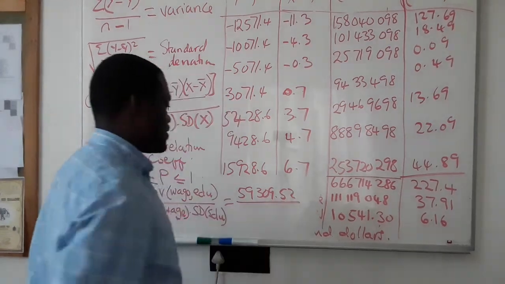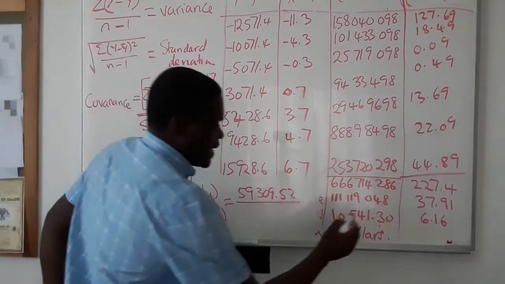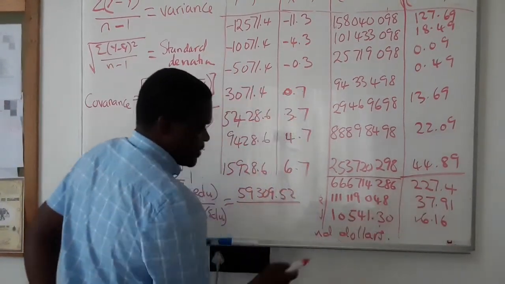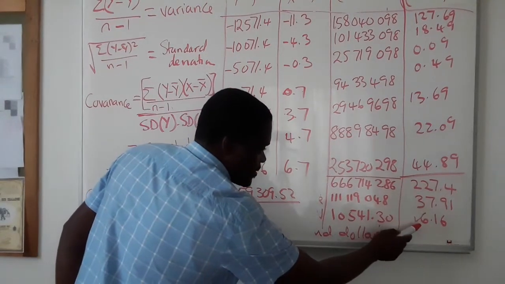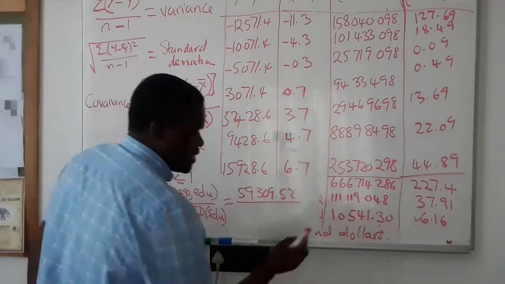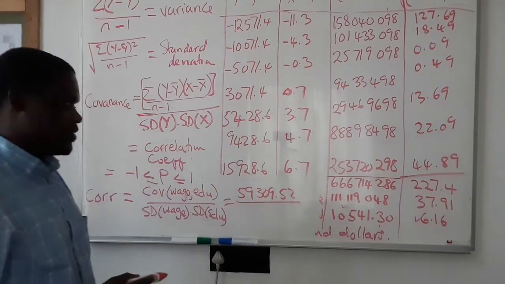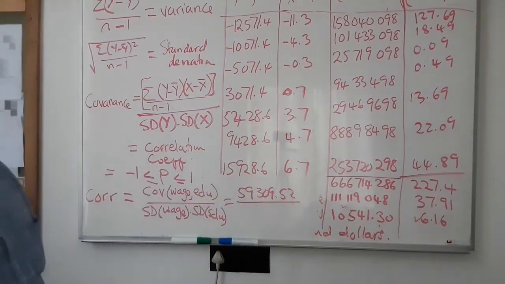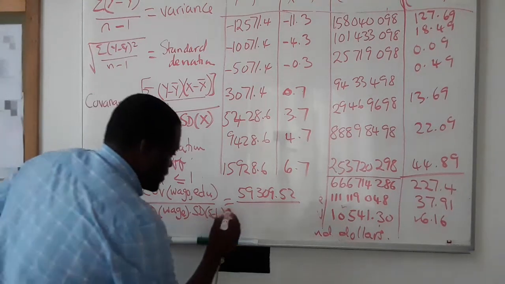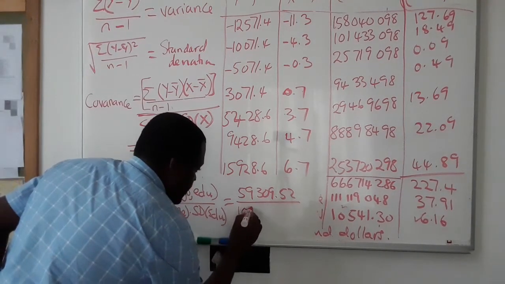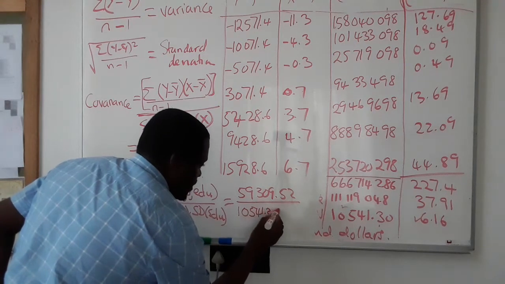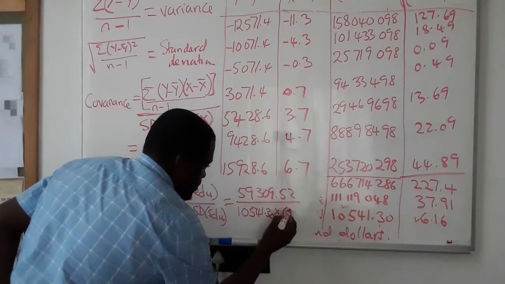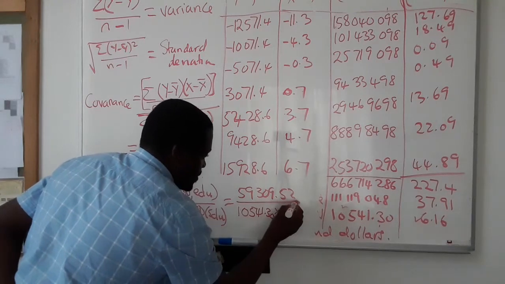We are dividing this number by this, which is your standard deviation for education, and this is your standard deviation for wages. So divided by 10,541.3 times 6.16.